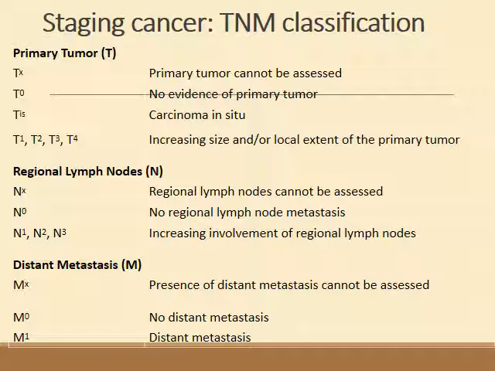Distant metastasis, the MX is presence of that distant metastasis cannot be assessed. We don't know. M0 means there is no distant metastasis, and M1 means there is distant metastasis. So become familiar with these stagings so that you can understand the level of treatment that each of these patients is going to need.